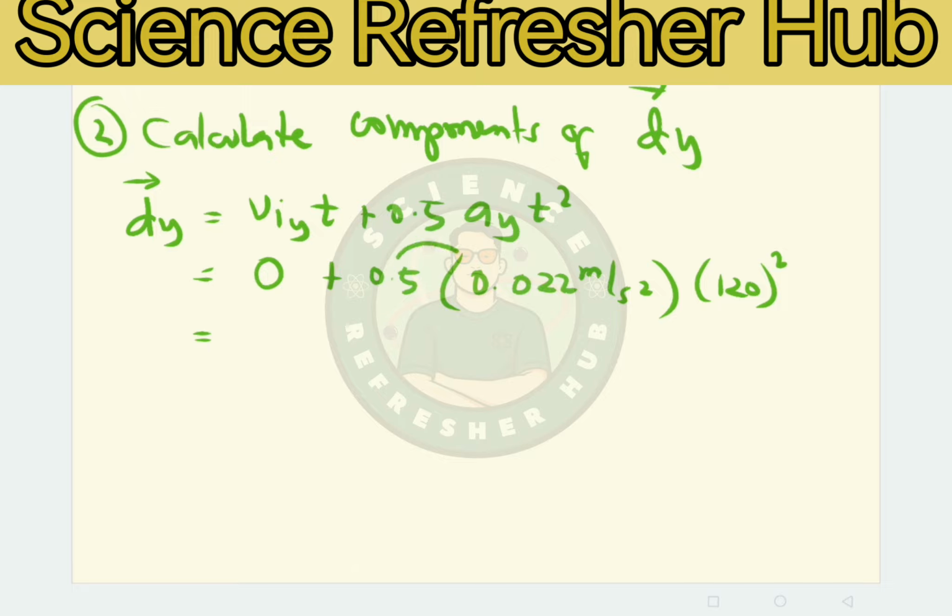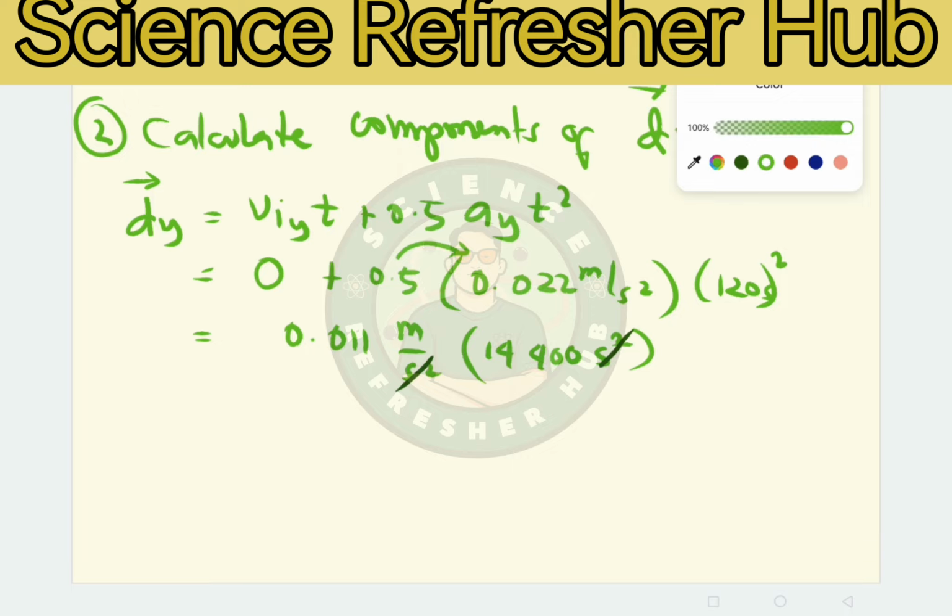So we will multiply 0.5 times 0.022. It will give us a product of 0.011. Copy the unit. Then 120 times 120, it's 14,400. Then seconds times seconds, second squared. We can cancel second squared in our equation.